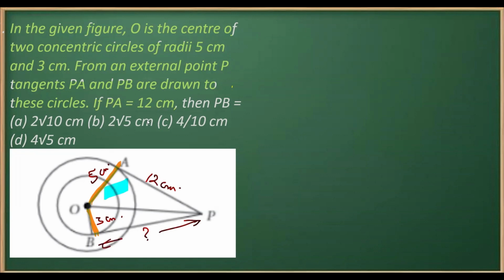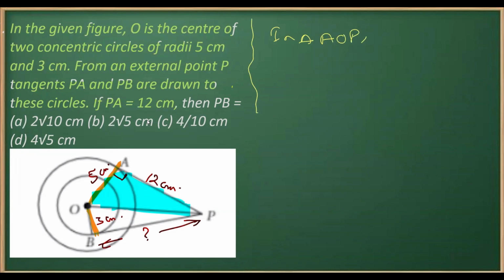Well, the property which we'll be using here is that the radius is perpendicular to the tangent at the point of contact. That means we know that this angle is 90 degrees. Now we'll be using Pythagoras theorem to determine this. This is an MCQ, you may not do the working, but I'll do it here for you to understand.